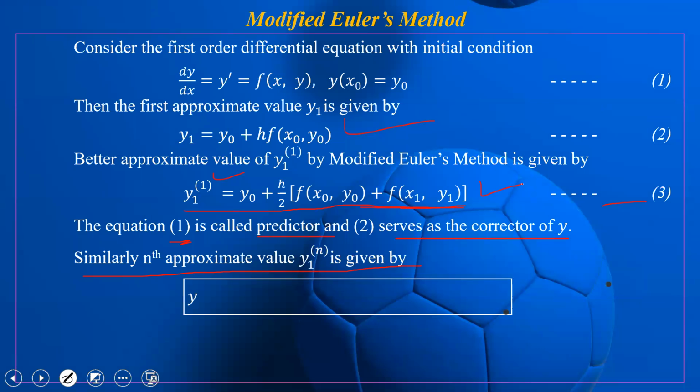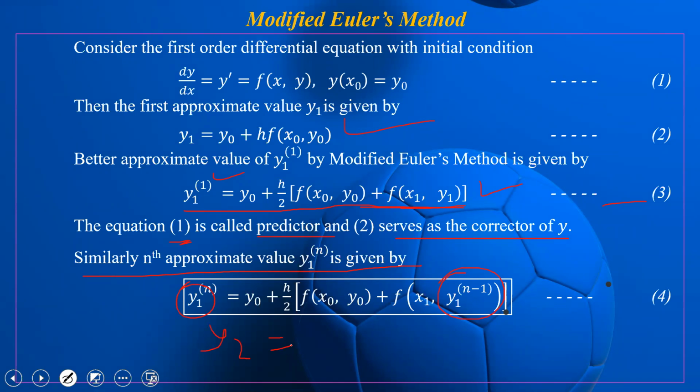The nth iteration is given by y1(n) = y0 + h/2 [f(x0, y0) + f(x1, y1(n-1))]. Here we put the value of y at the (n-1)th iteration, and we will get y1. Then we calculate y2.